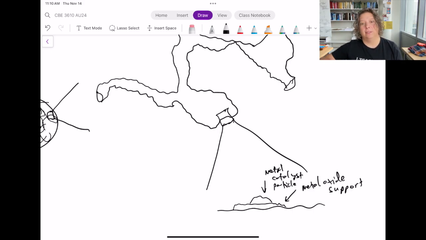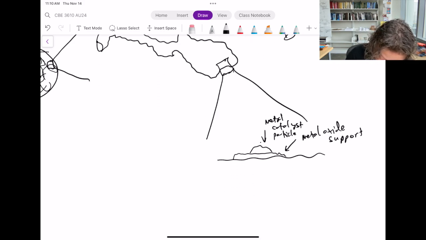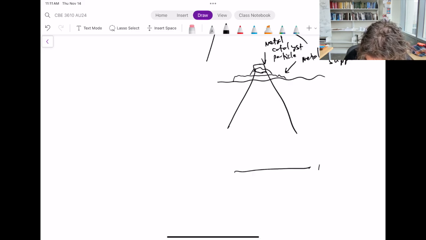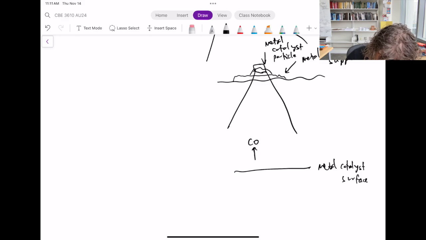And that's dispersed along the surface area of this pore. And then I could zoom in even further. So the catalysis is going on maybe here. And so now I have this metal catalyst surface. And I have molecules, gas molecules, so carbon monoxide, for example. And that carbon monoxide is attempting to adsorb to the surface.